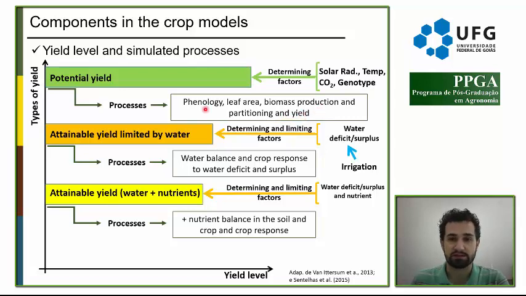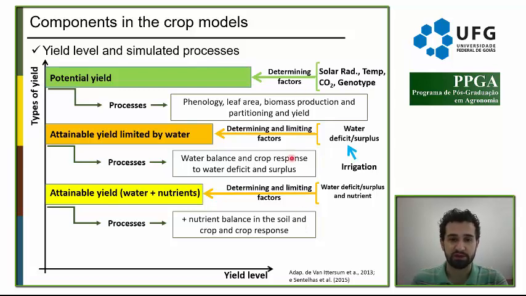After, I can penalize this growth by water balance and the crop evapotranspiration, the limitation of this crop evapotranspiration limiting the photosynthesis. And in the end, I can include the effect of nutrient balance. For example, most models simulate the effect of nitrogen on crop growth and development.